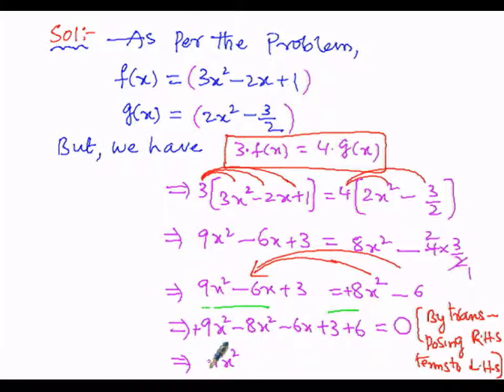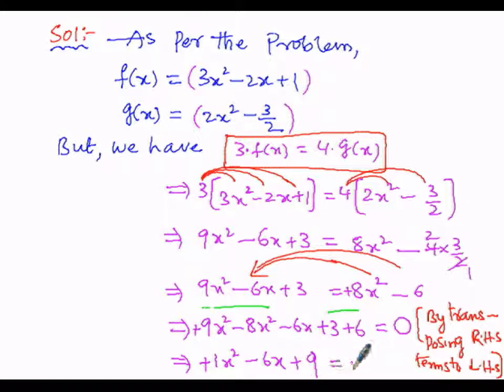To assess the sign of this 1x square, we see the greater among 9 and 8. 9 is greater than 8, its sign is positive, so the sign is positive. Then minus 6x is written as it is. Now both constants are positive, so we add them: 6 plus 3 is 9. The greater of the two is 6, and its sign is positive, so we write it as positive.